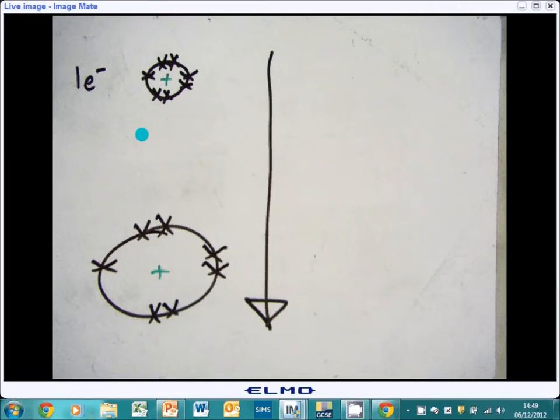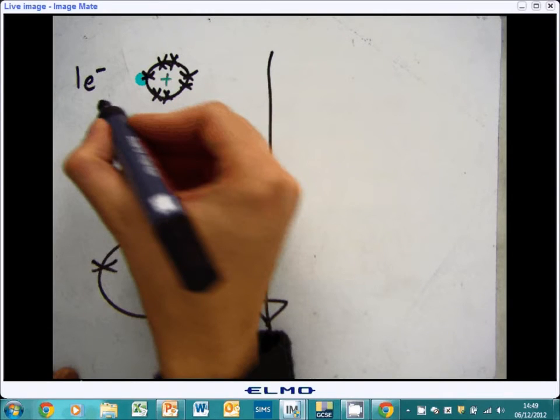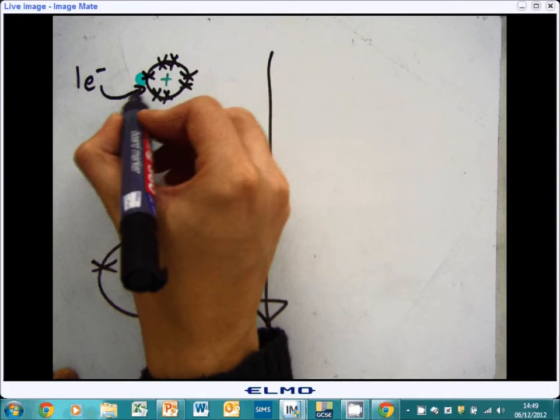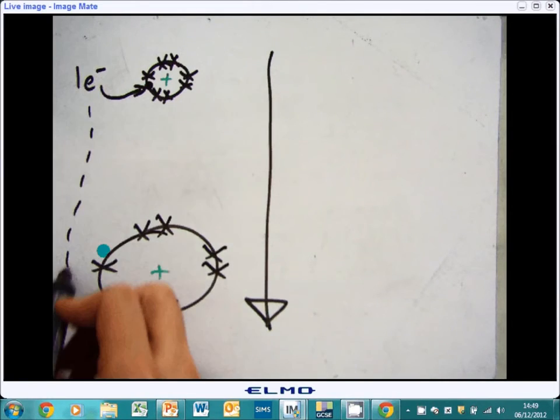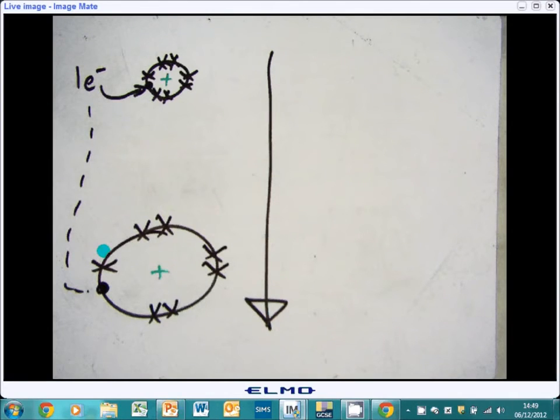So the stronger pull on the electron is going to be up here. So that electron is easily going to attract there. Whereas down here it's going to take a lot longer to attract that electron. Therefore, because this one up here, fluorine, attracts that outer electron much quicker, we say it's more reactive. It will react a lot quicker than astatine.